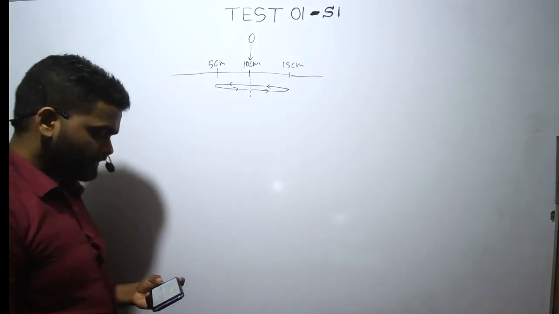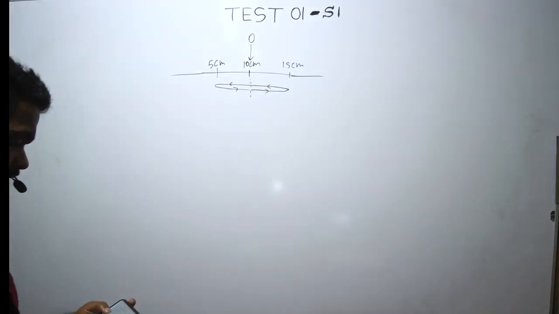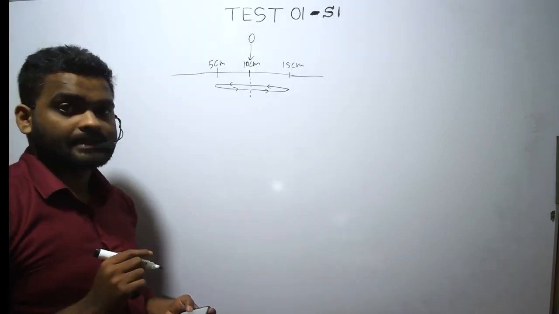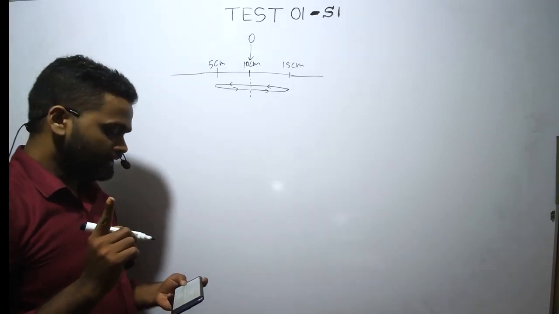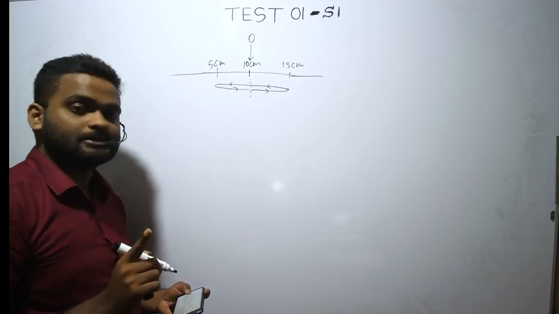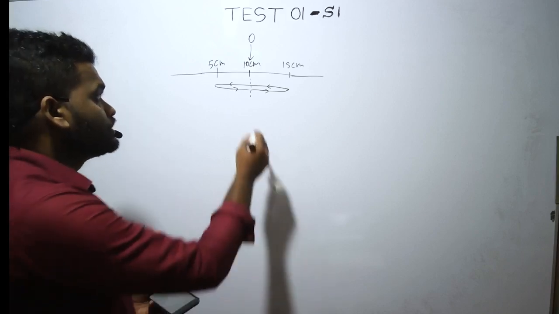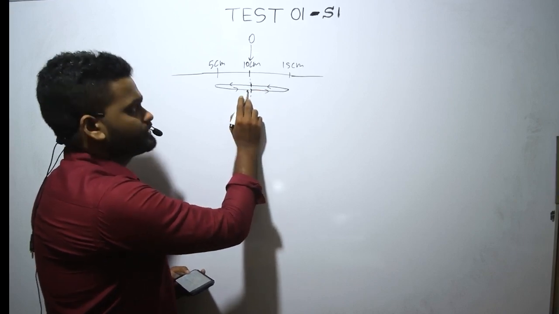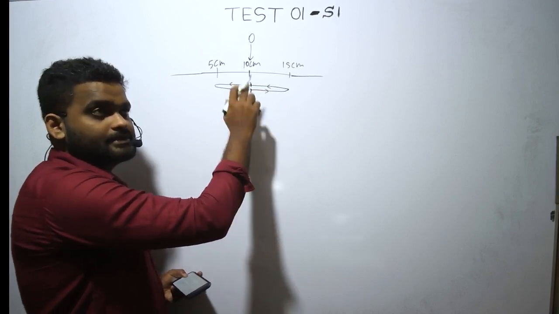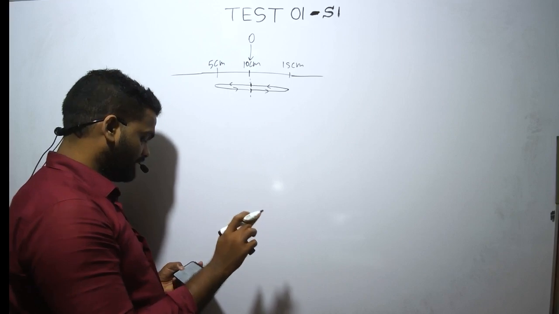Okay. So what they're asking is the incorrect sentence. If you think about the first one, the object has a maximum speed at 10 centimeters. So at 10 centimeters, it is the center, and at the center, we know it is the maximum speed. So one is correct.